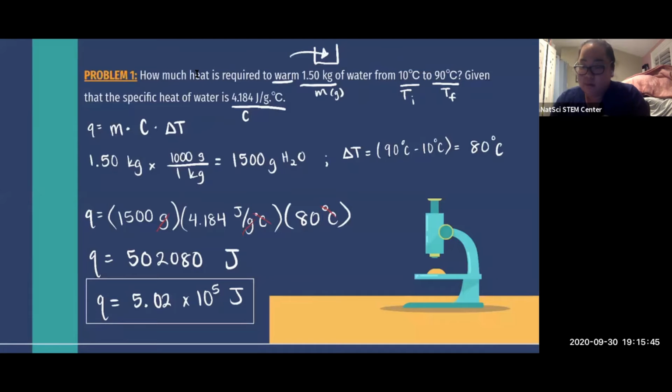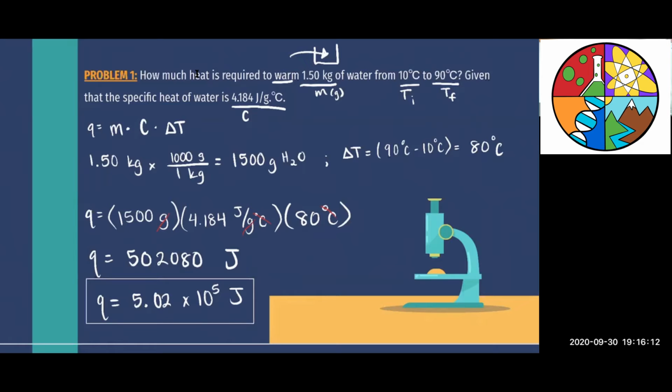So it's endothermic, so it would be positive. Heat is absorbed. You're starting with cold water and heating it, so you're putting heat into the system. So it's positive.